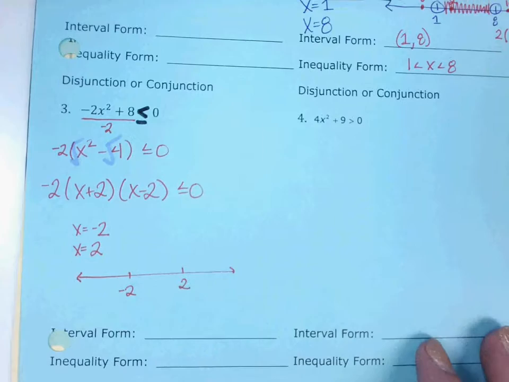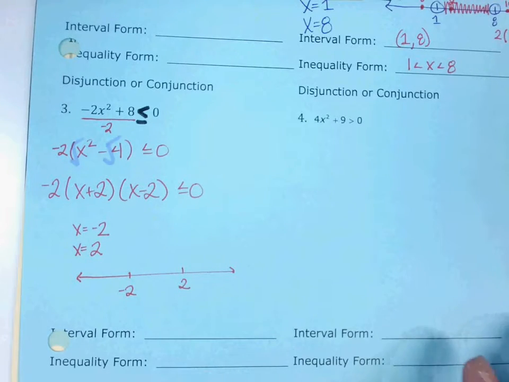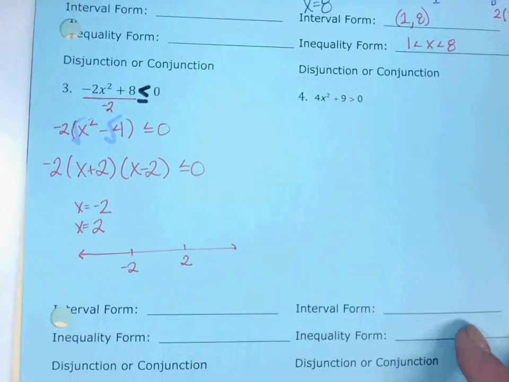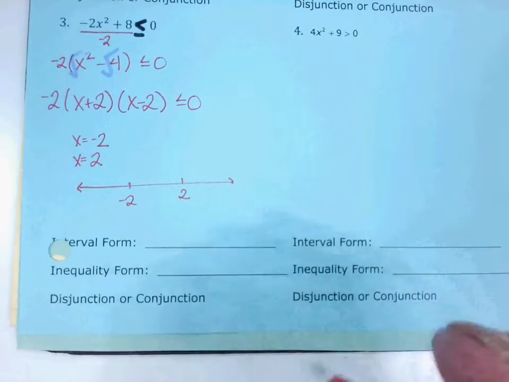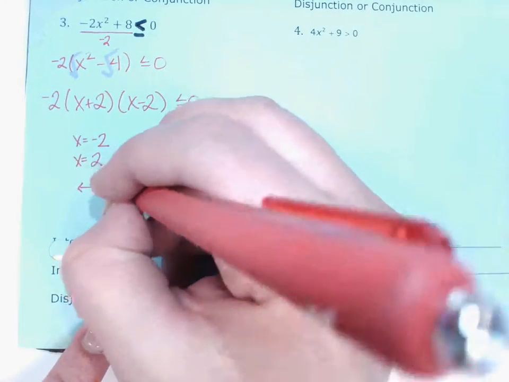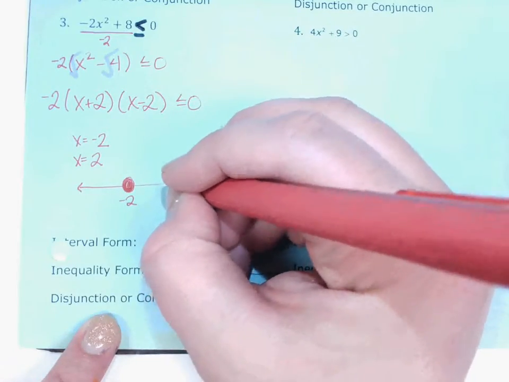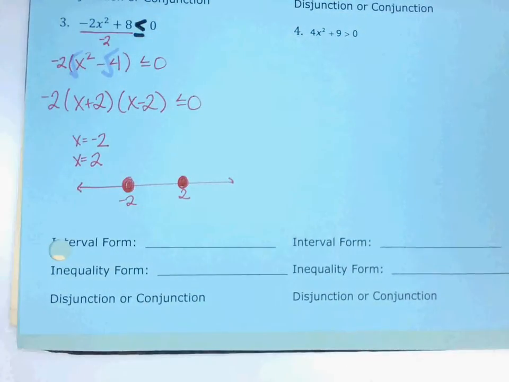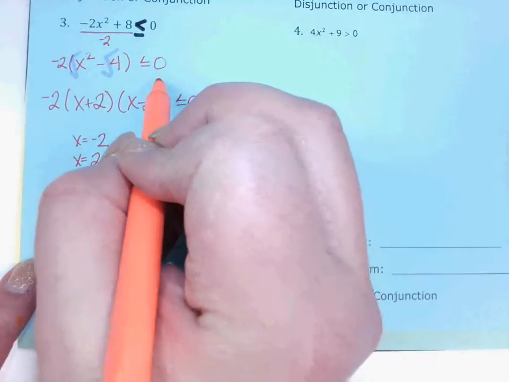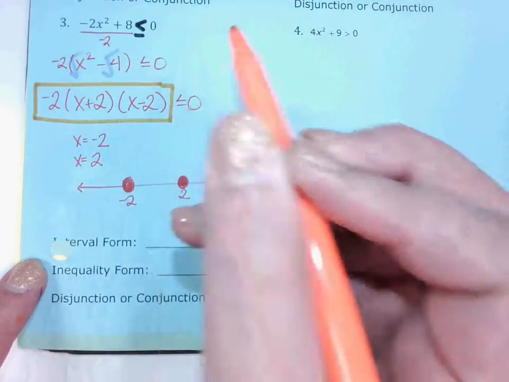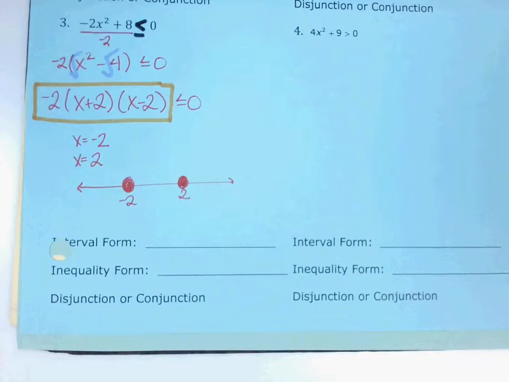Now remember, I changed my symbol so that instead of being open, this example will be closed. So closed circle here. Closed circle here. Now, when you are plugging in your test points, make sure that you include this negative 2 in front. What do we want to pick for a number bigger than 2? 3.